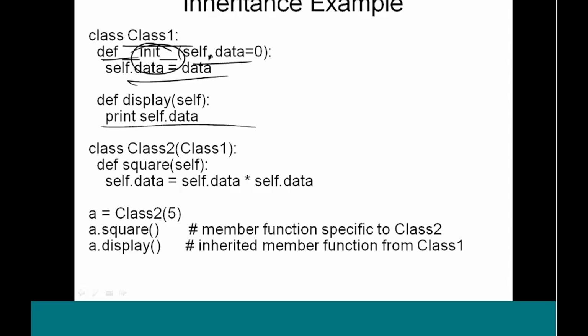Now we just print out the self.data. And then we define a class 2, which is an inherited class of class 1. See how we linked these two. And then when we define square(self), we can basically say self.data equal to self.data times self.data, which is essentially like now start the multiplication.